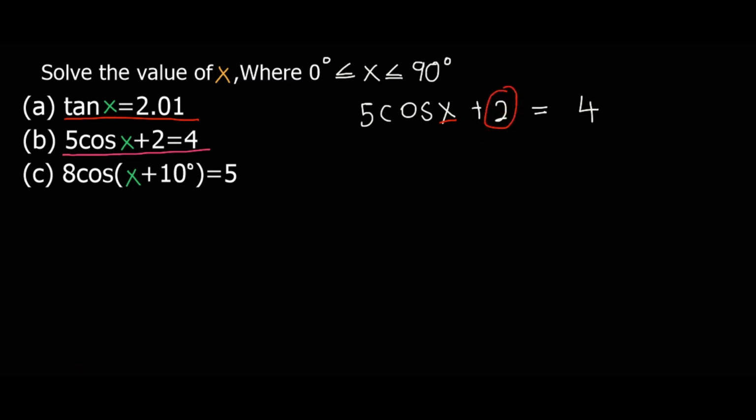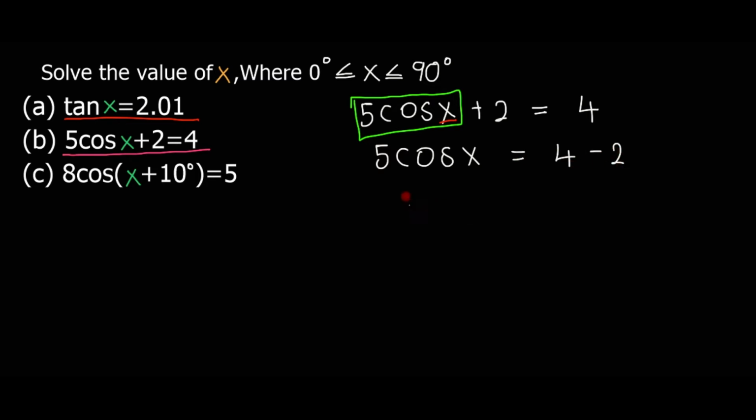So every time I solve these trig equations, we want our trig function to be alone on one side. This means we take these two across to the other side. We will have 5 cos x is equal to 4 minus 2, and then 5 cos x is equal to 2.